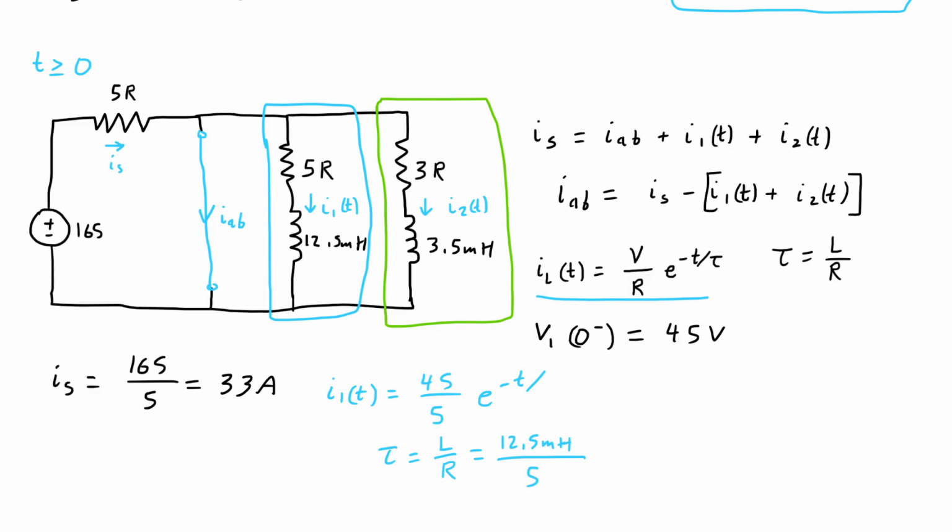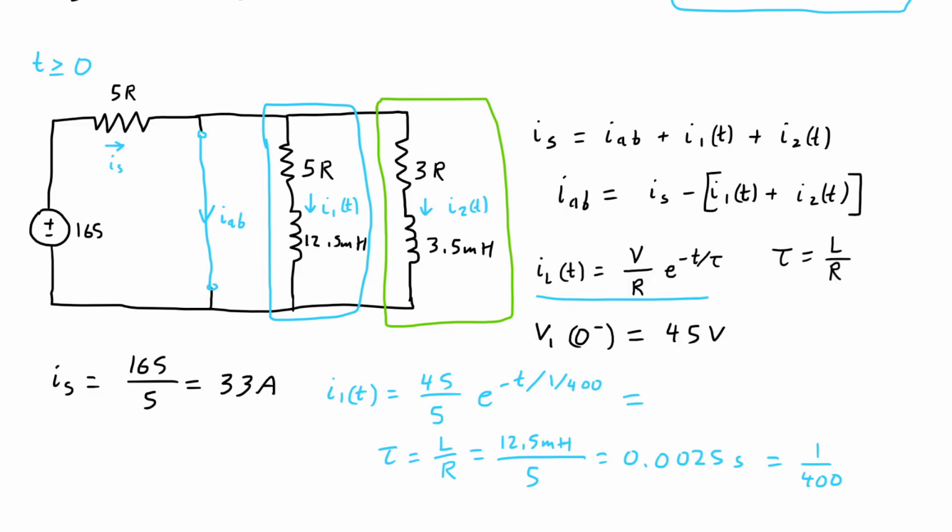So 12.5 millihenry divided by 5, I get a time constant of 0.0025 seconds, which is 1 over 400.